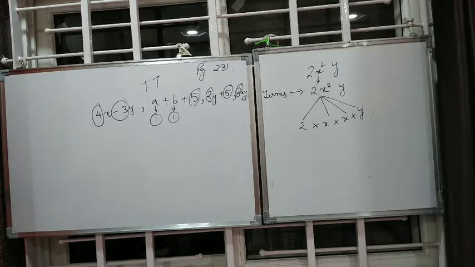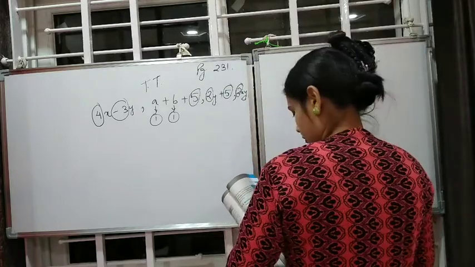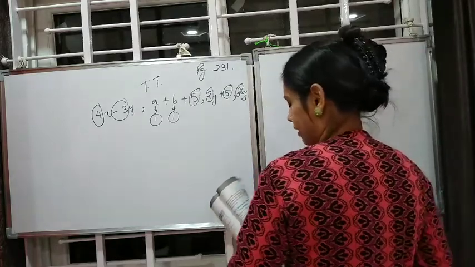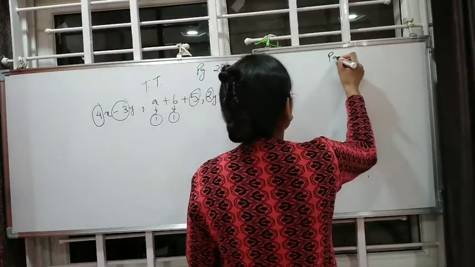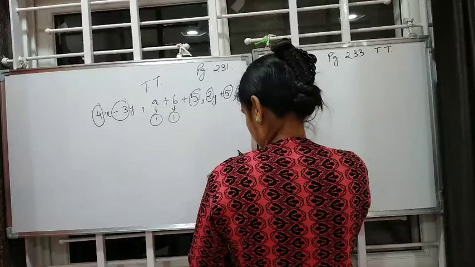Then turn the page and we go to page 233 where we have some more try these. Group the like terms together from the following. So we have to find out the like terms. This is page 233, the try these.